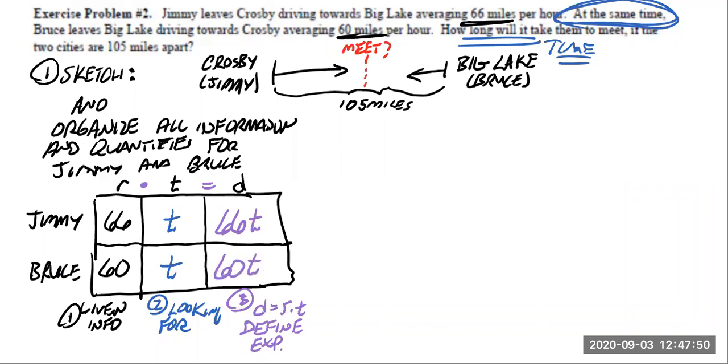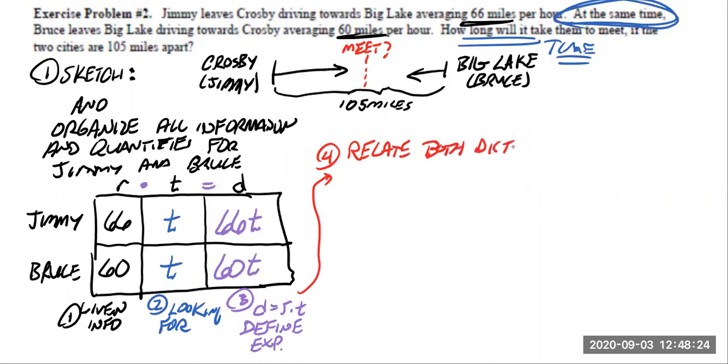Now, where does our equation come from? So I've got all the information I need for each person. I got everything defined for my expressions for rate, time, and distance. So step 4, or the 4th step, is we're going to take, and we now need to relate both distances.